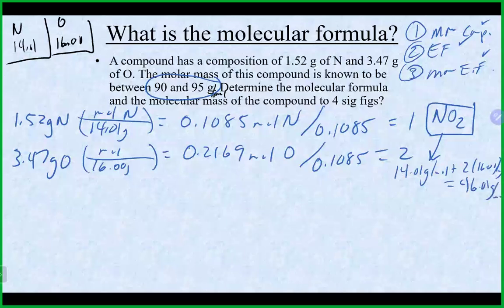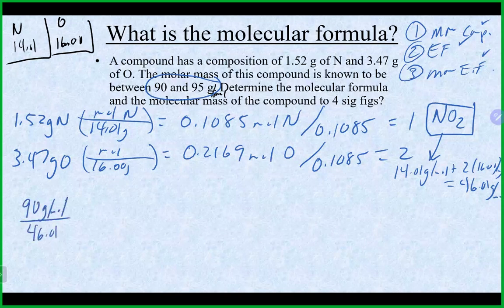So in this case, we do have sort of a range of numbers. So if you wanted to, you could have chosen the bottom of the range there, took the 90 divided by 46.01. And if you did the bottom there, it'll give you about a 1.96.